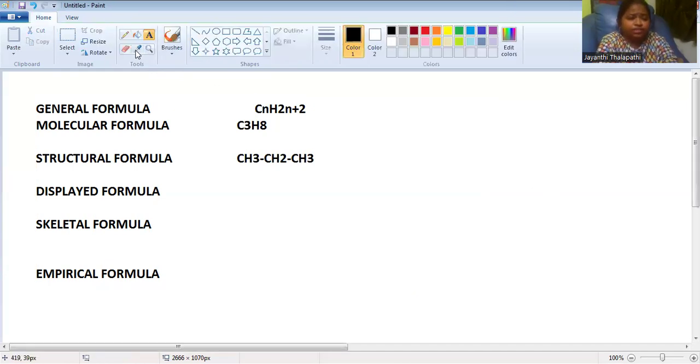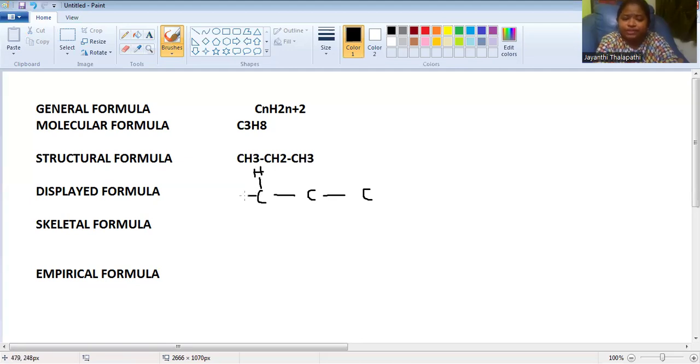So you can ask me how we can say that the second carbon atom has 2 hydrogen atoms. If you see the displayed formula, you will understand it. There are 3 carbon atoms and carbon's valency is 4, we know, which means this first carbon atom is bonded with another carbon atom, and also it is bonded with 3 hydrogen.